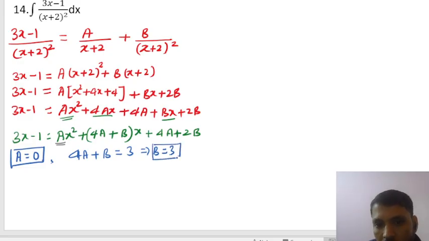Right? Now we know the values of a and b. So directly we can take the integration of this first equation. We are giving the name of this equation as first. So I will become what?